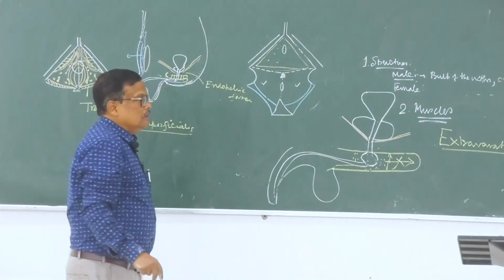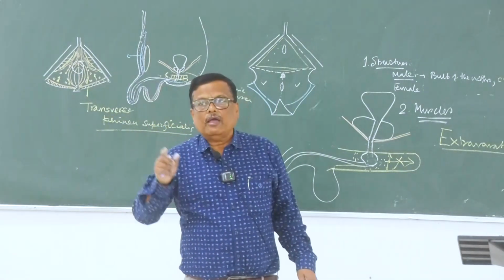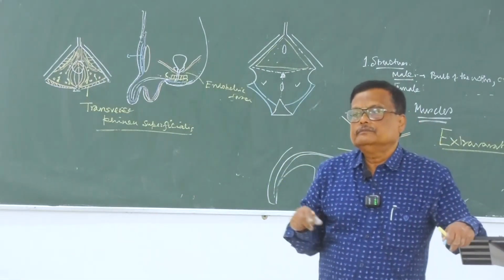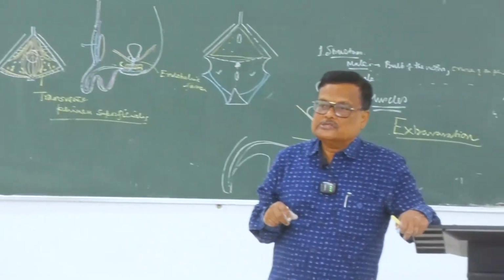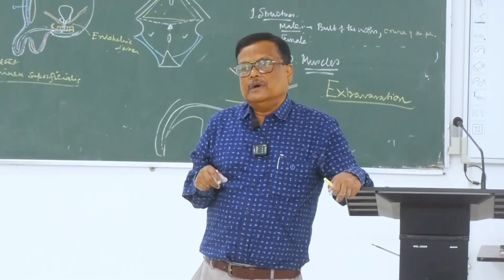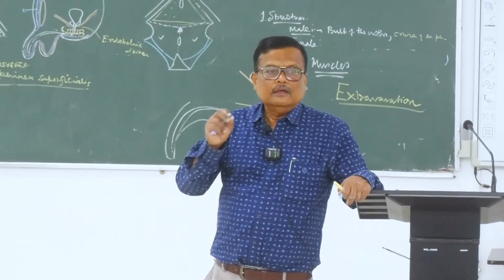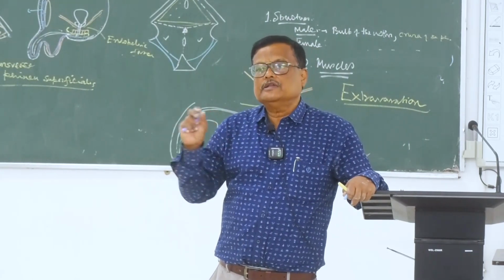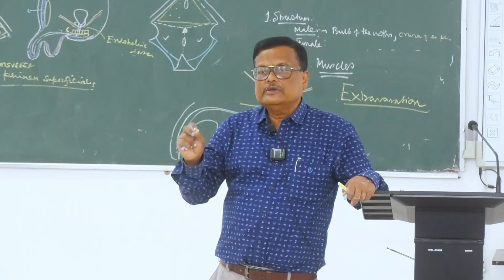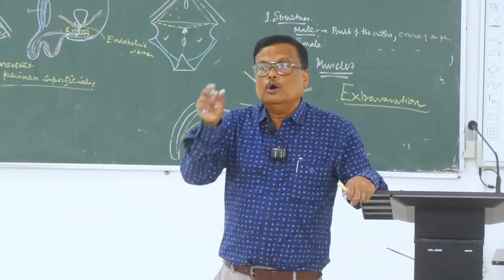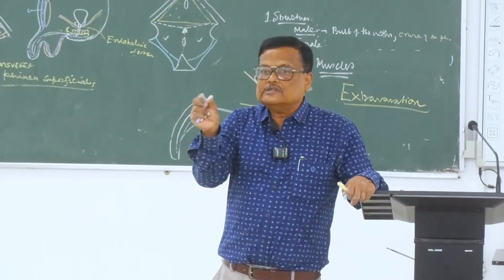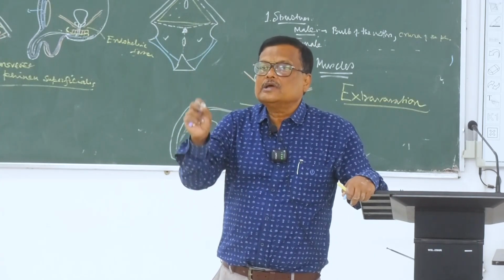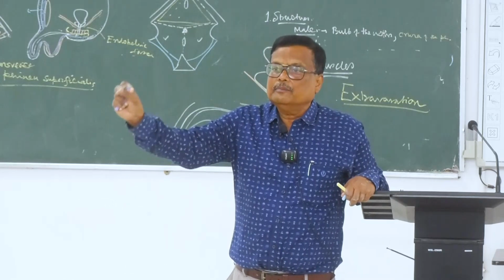Muscles. In the previous view, the urethra is covered all around by the sphincter urethrae muscle, which is a skeletal muscle. But recently, you will write this: recent view, no such sphincter is present. This sphincter is present within the wall, within the layers of the wall of the urethra, and is known as the distal urethral sphincter mechanism.